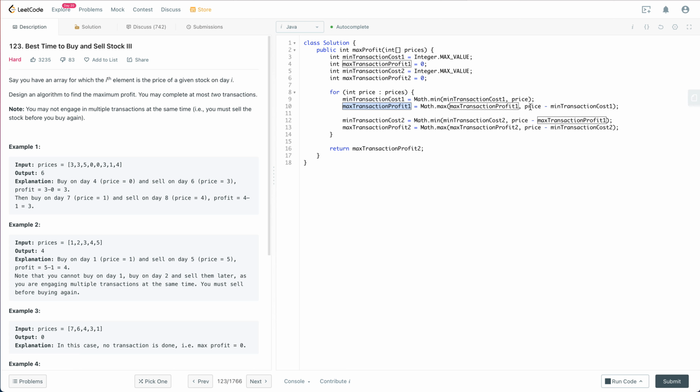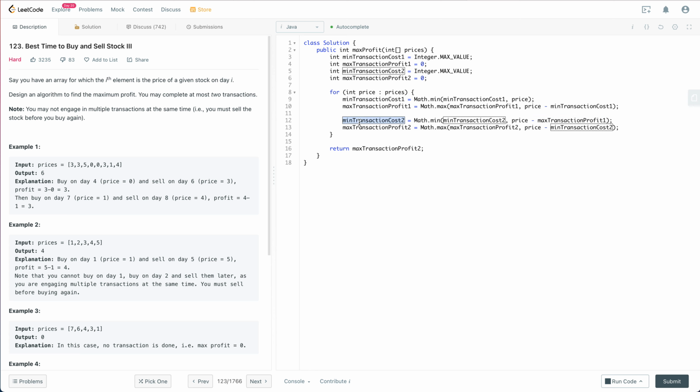If we sell the stock today, which was bought on the day that has the minimum transaction cost 1, and we can get a higher profit, then we set max transaction profit 1 as the current day price minus the minimum transaction cost 1. Otherwise, we just stay the same.